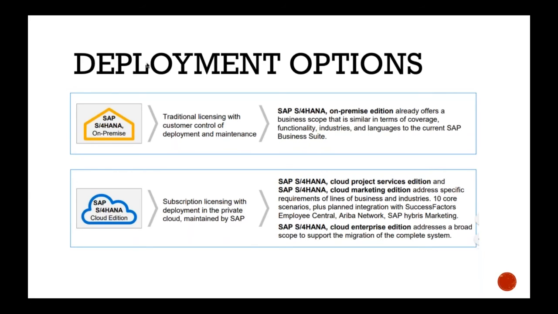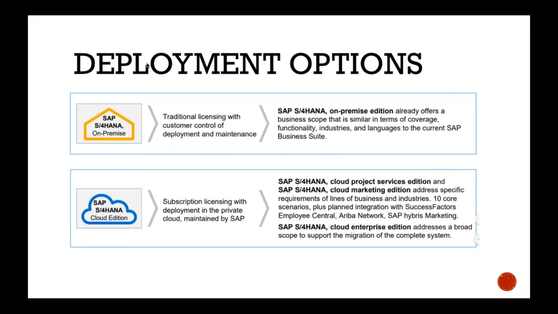After 3 months or 6 months, if SAP comes up with another latest version, if you are using on-premise, it is up to you whether you want to upgrade or not. But if it is cloud, by default, you will be using the latest version. So you will always be updated if you are using the cloud version without any additional cost.